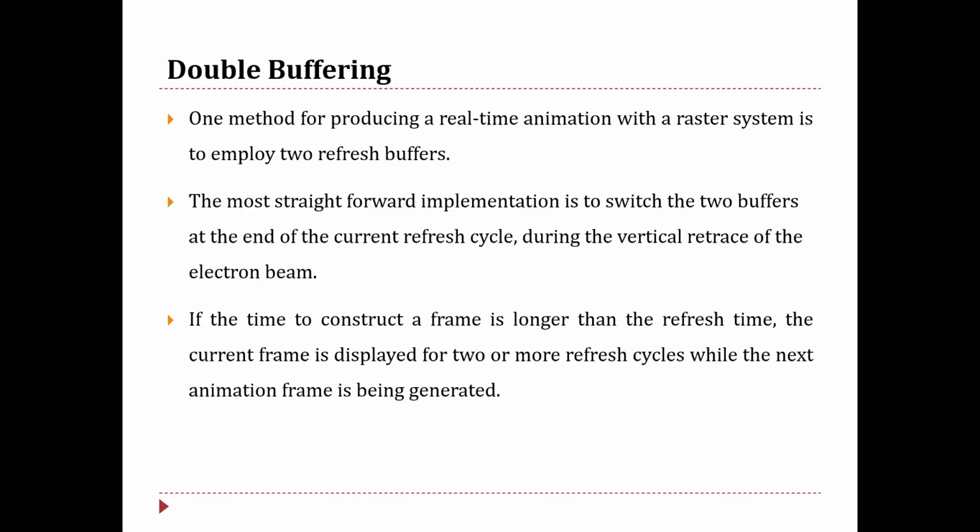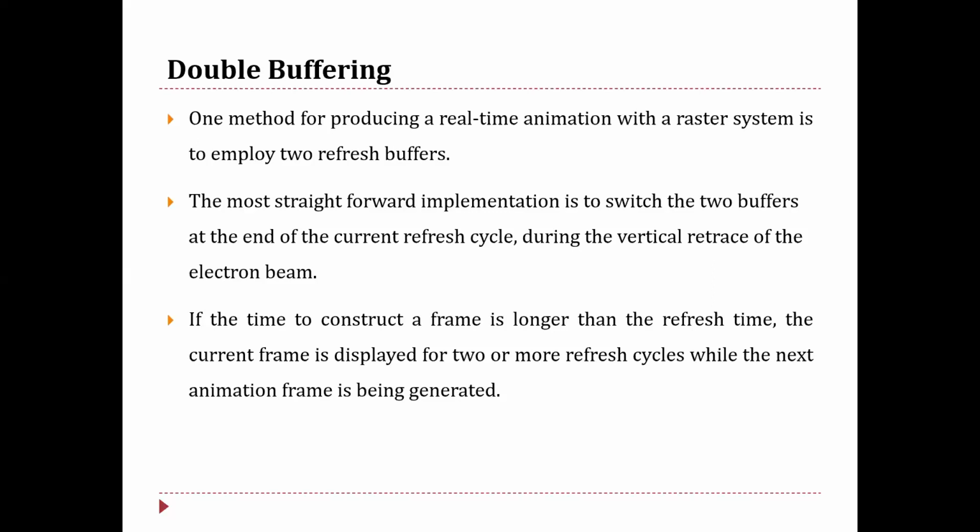If a program can complete the construction of a frame within the time of a refresh cycle, say which is 1/60th of a second, each motion sequence is displayed in synchronization with the screen refresh rate. If the time to construct a frame is longer than the refresh time, the current frame is displayed for 2 or more refresh cycles while the next animation frame is being generated.